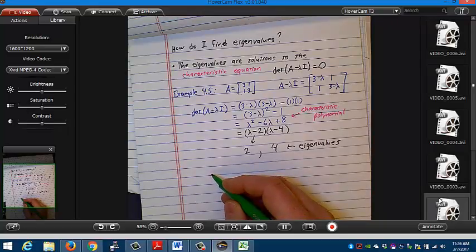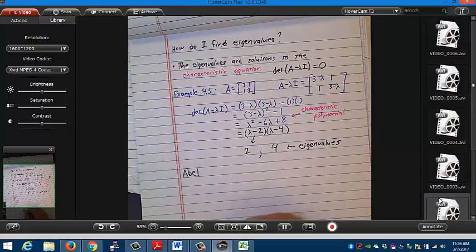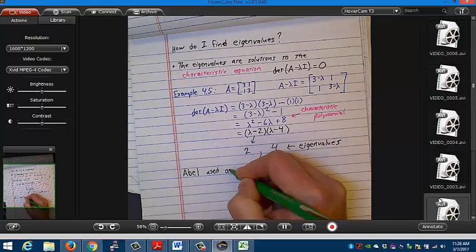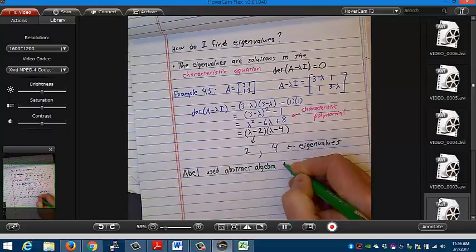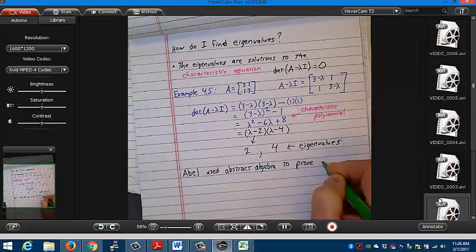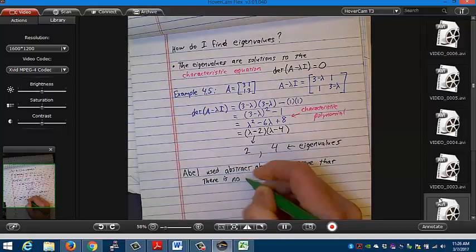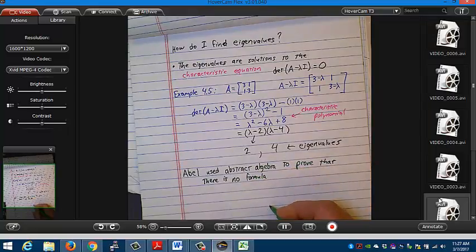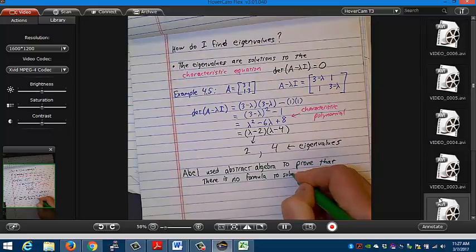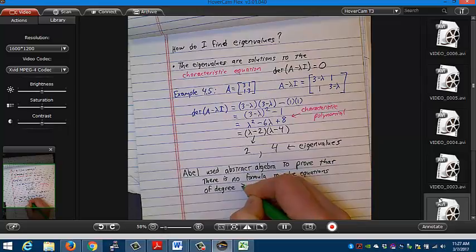But then, in the late 1800s, a mathematician named Abel used abstract algebra to prove that there is no formula to solve equations of degree greater than or equal to 5.